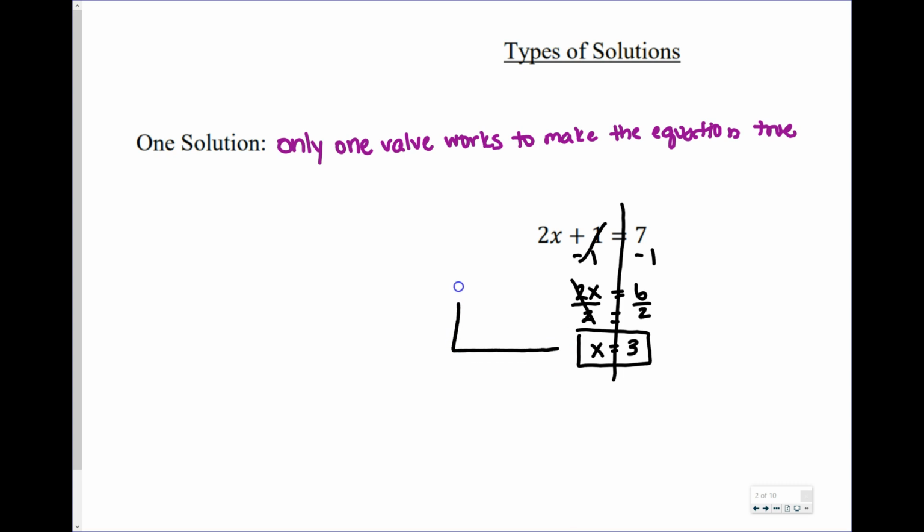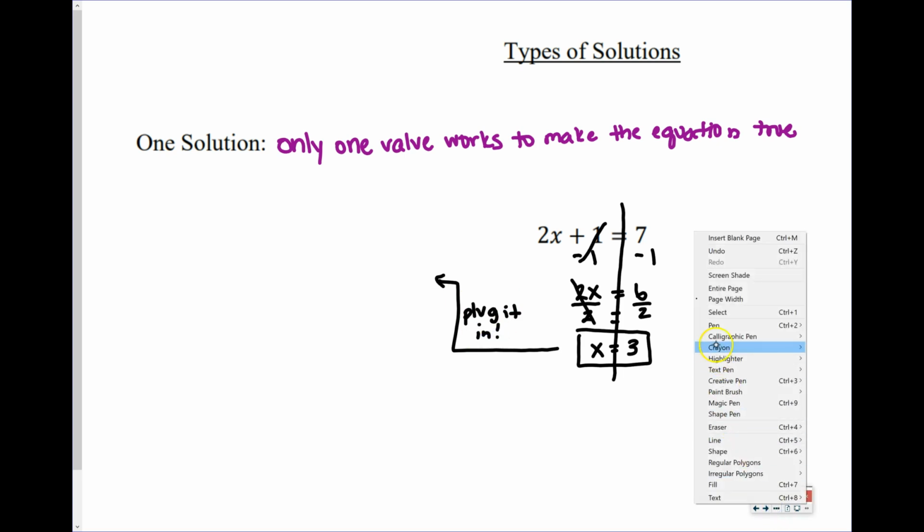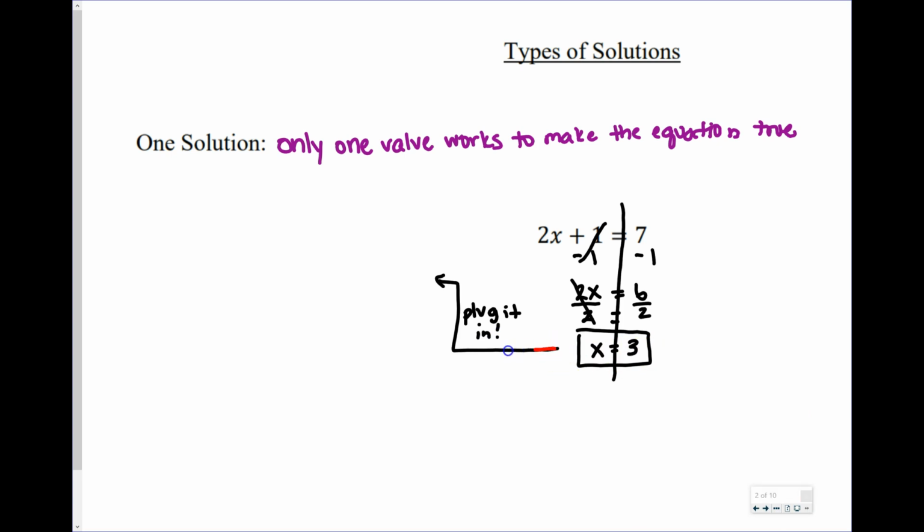So if I take this 3 and plug it in, I'm going to rewrite this equation, but instead of x, I'm going to replace that x with the 3 that I just found. When I start simplifying, 2 times 3 is 6, bring everything else down, and then I get 7 equals 7.